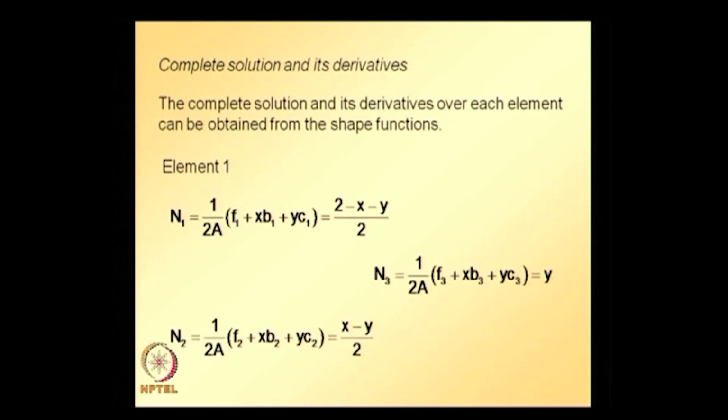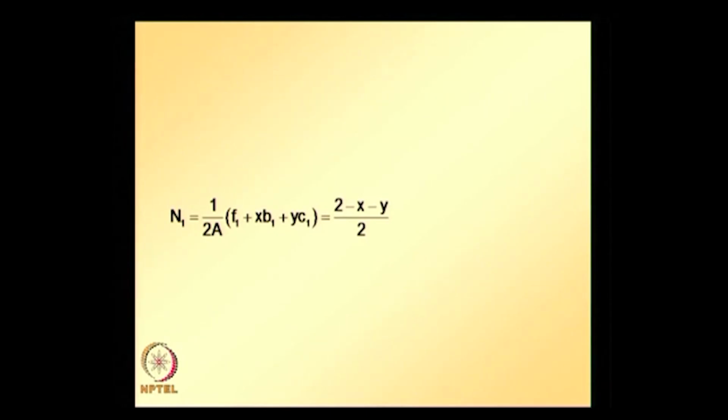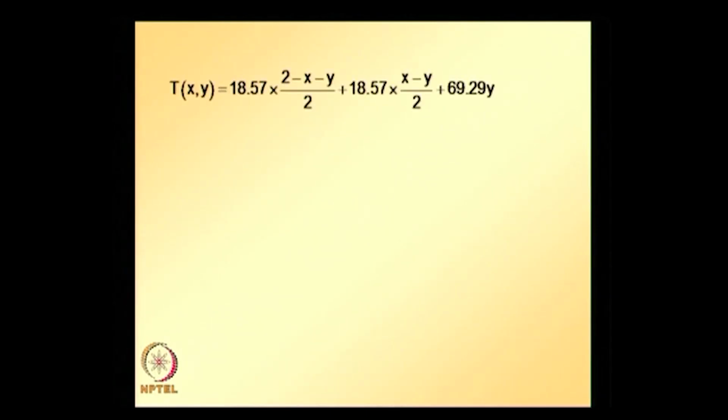So, for element 1 we know what the nodes are. For element 1 the nodes are 1, 2, 5. So, using the nodal values T1, T2 and T5, we can get the T value over element 1 using this, which can be further simplified.